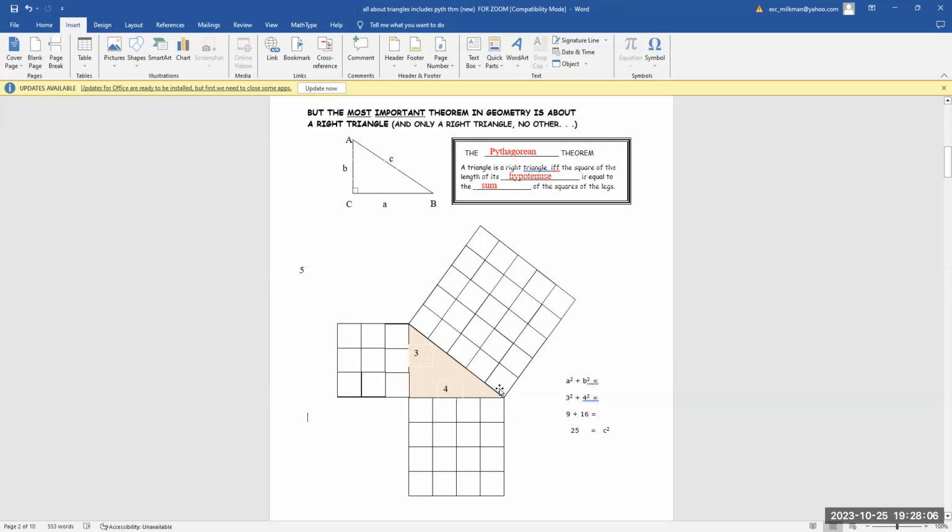And on the hypotenuse, there happen to be 1, 2, 3, 4, 5 squares. And this is called a 3, 4, 5 right triangle.